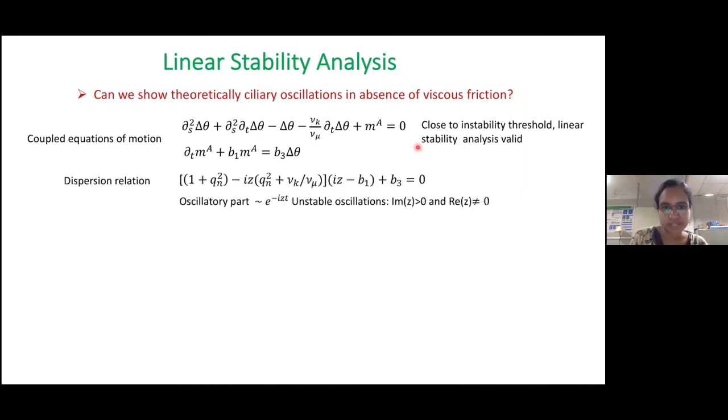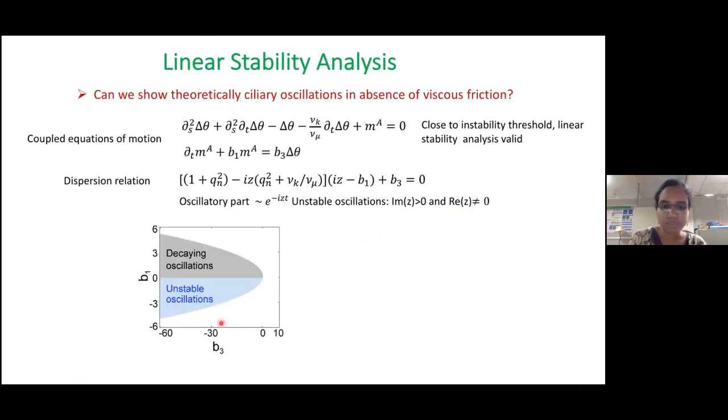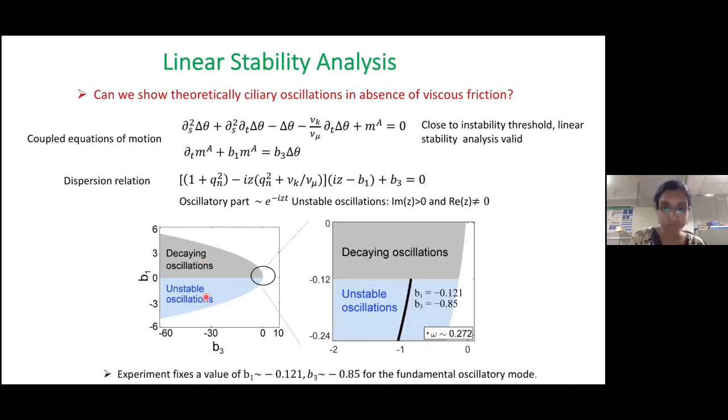And what we did was a linear stability analysis where we Fourier transformed the equations in space and time and looked for a transition from stable to unstable oscillations. And so in the B1, B3 phase space, indeed, there is a decaying to unstable oscillation transition.